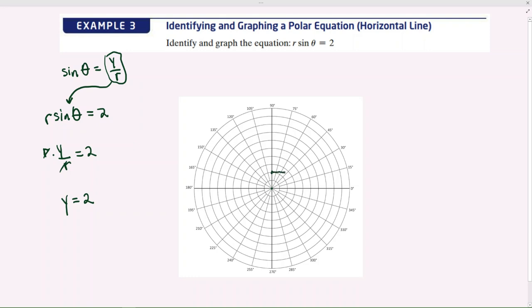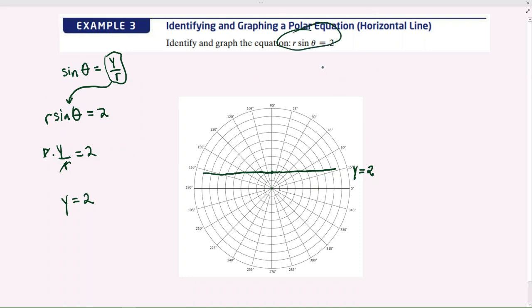So as a rectangular coordinate, that would be y equal 2. Now we're showing the rectangular plot on the polar axis. Okay, so I kind of overcomplicated this a little bit because I wanted to look at it in terms of the polar equation.